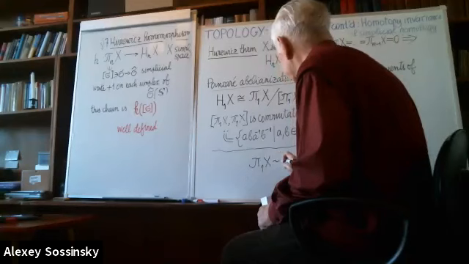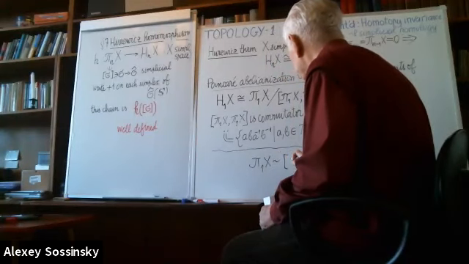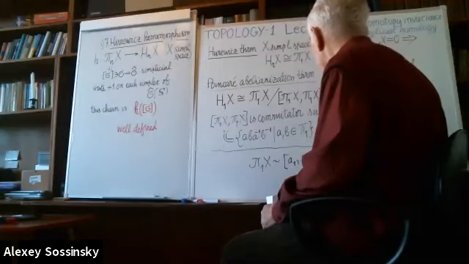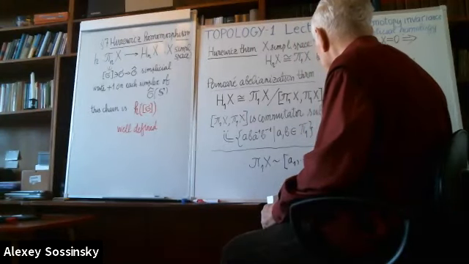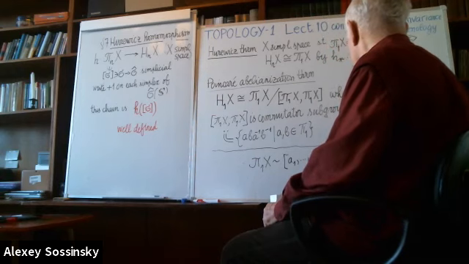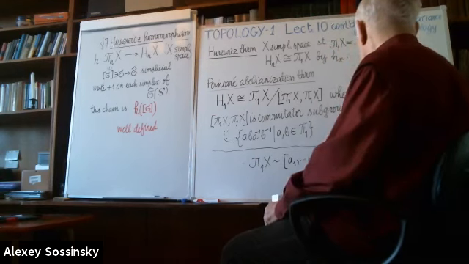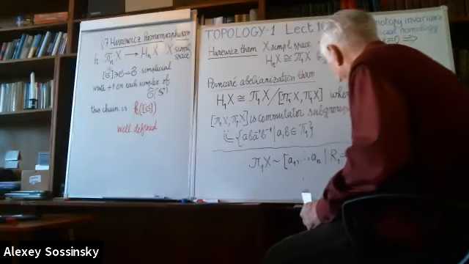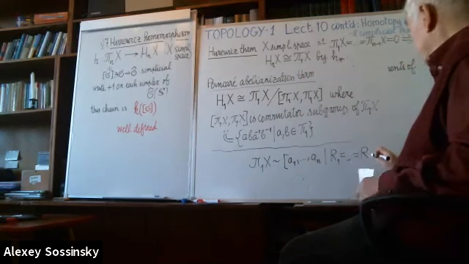So it's given as generators a1 and so forth, an, with relations r1 through rs.